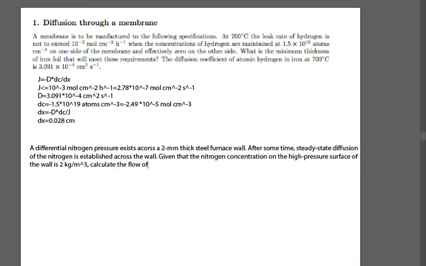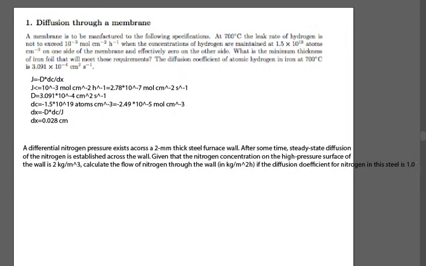Calculate the flow of nitrogen through the wall in kilograms per meter squared hour, if the diffusion coefficient for nitrogen in the steel is 1.0 times 10 to the power of negative 10 meters squared per second at the furnace operating temperature. Okay, so this is problem 2.